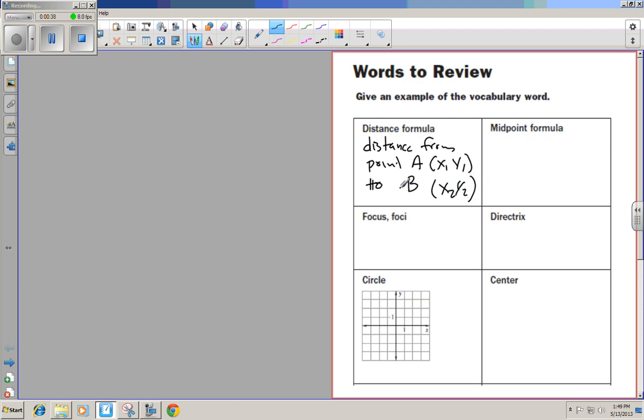So it's the distance from point A to point B. The midpoint formula will tell you the location of the middle of a line. So you're going to be given a line segment, and it'll tell you where that middle point is.